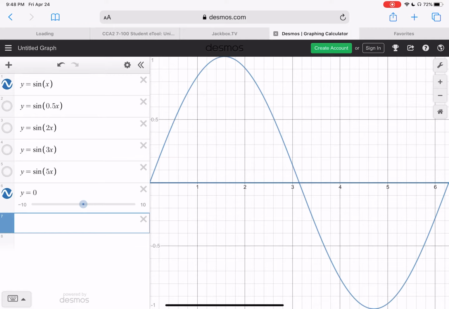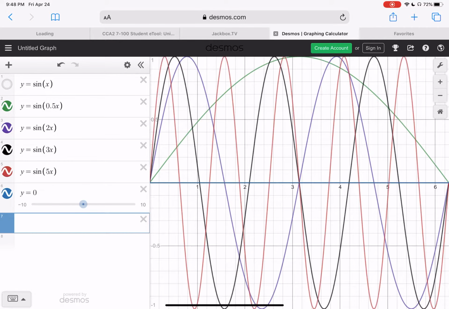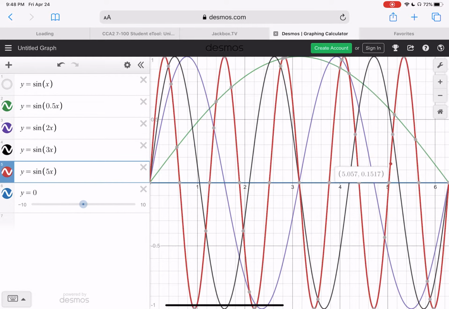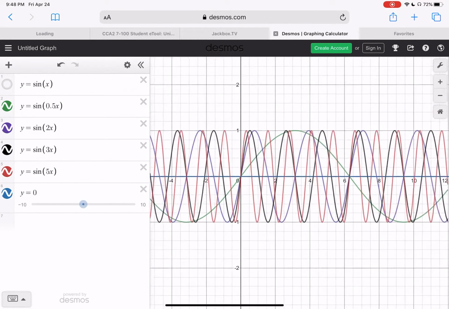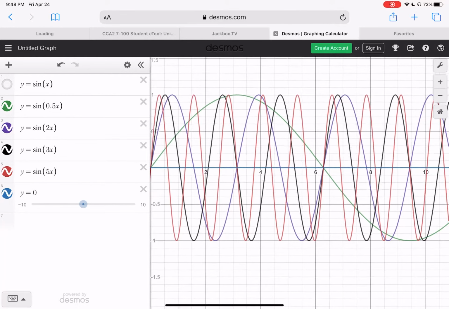Now that you see that, what do you think the midline is for each of these graphs? You can adjust your window if it'll help you to see the midline better. Pause the video now to answer this question.